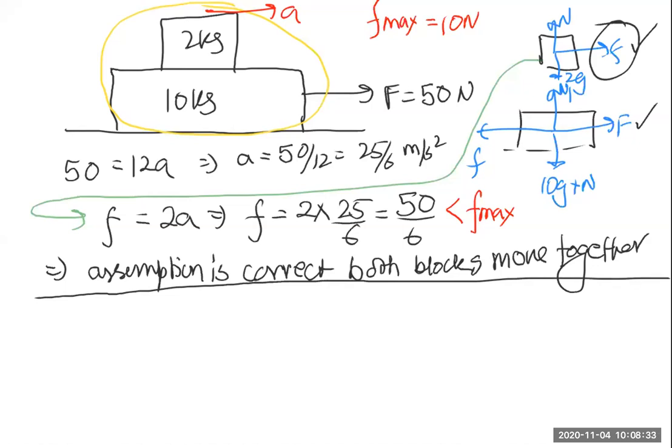So the answer to this question is 50 by 6 meter per second square for both the blocks.